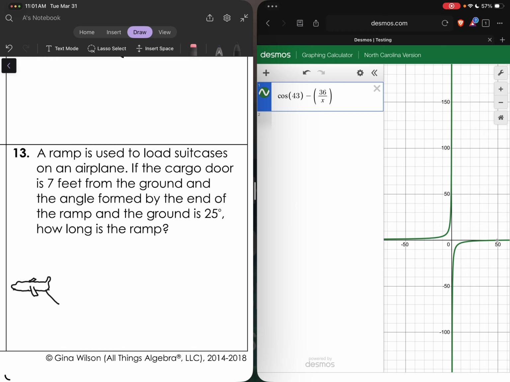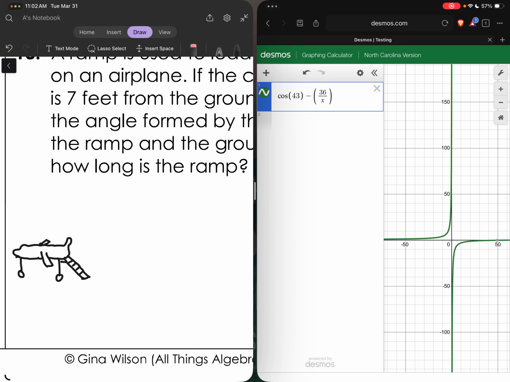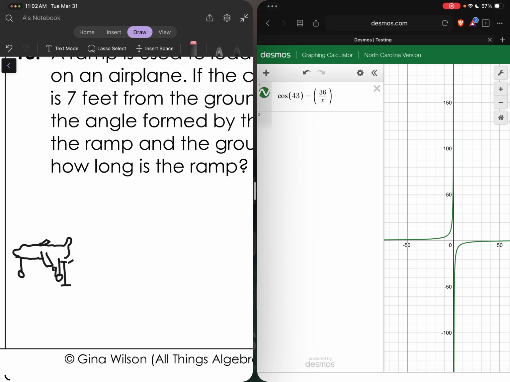There's my airplane. There's my ramp coming down to load my suitcases. If the cargo door is 7 feet from the ground, so the height is 7. Let me make this ramp a little bit bigger. Make it easier to see.